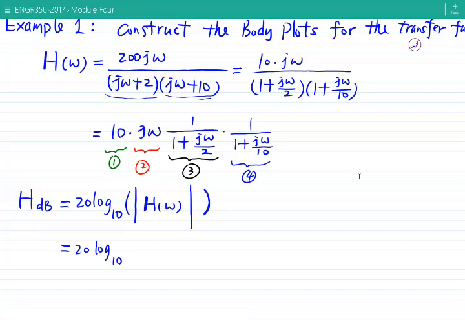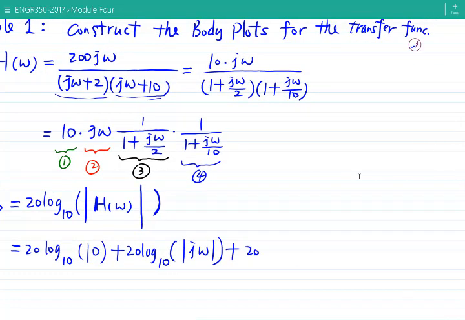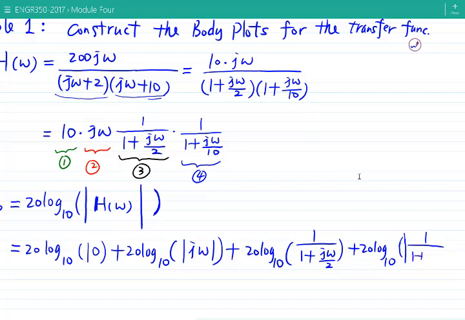So we have 20 log base 10 of the constant, plus 20 log base 10 of the magnitude of j omega, plus 20 log base 10 of the magnitude of 1 over 1 plus j omega over 2, plus 20 log base 10 of the magnitude of 1 over 1 plus j omega over 10.